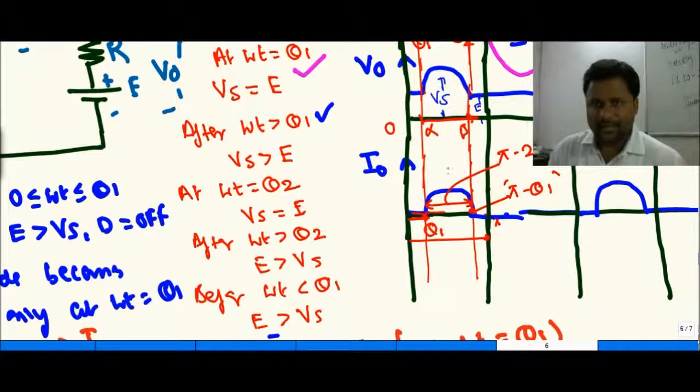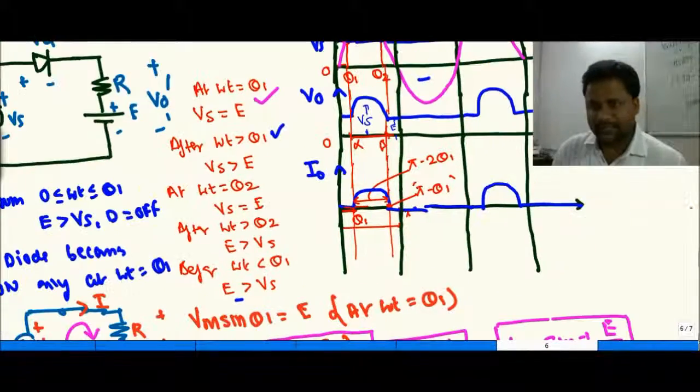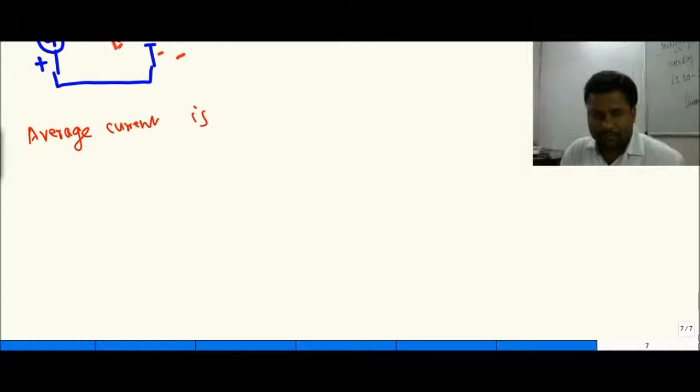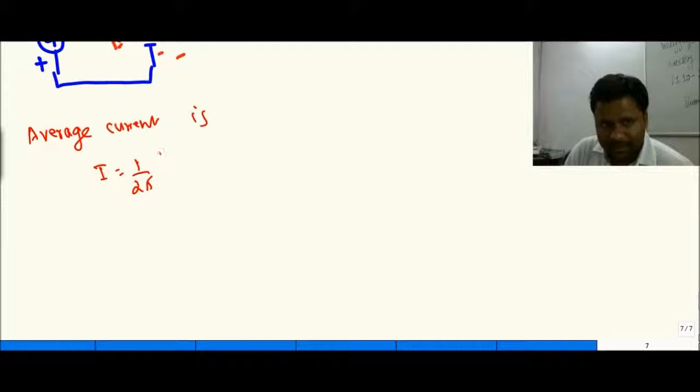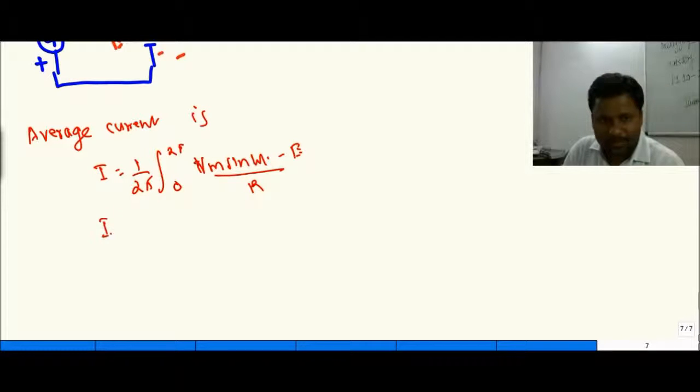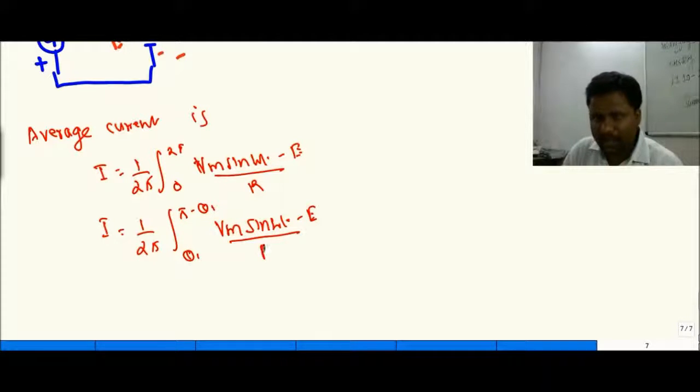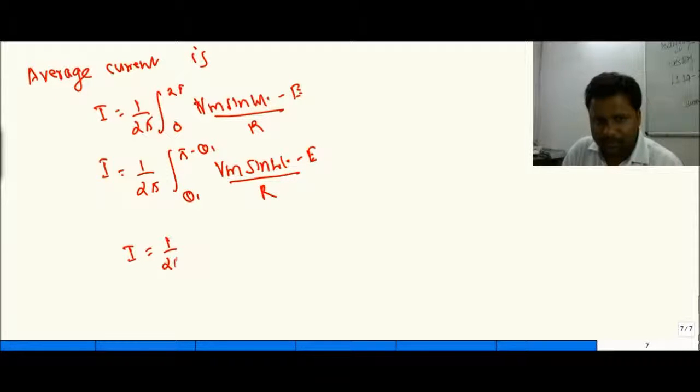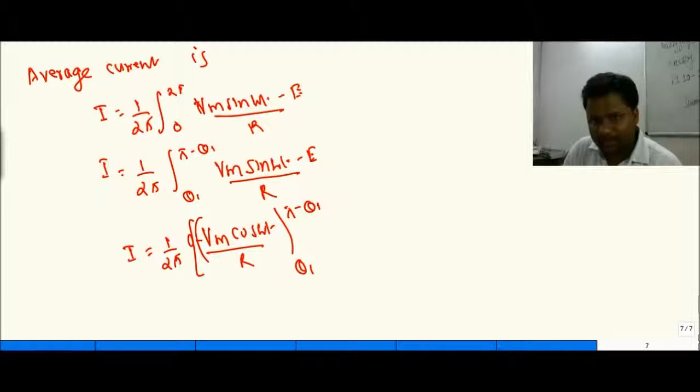This is right. So if I make the expression for the current, I equals 1 upon 2 pi, integral from 0 to 2 pi of (Vm sine omega t minus E) divided by R. I equals 1 upon 2 pi, from theta 1 to pi minus theta 1, of (Vm sine omega t minus E) divided by R. Then I equals 1 upon 2 pi R, Vm cos omega t with the limit theta 1 to pi minus theta 1, minus E times (pi minus theta 1 minus theta 1).